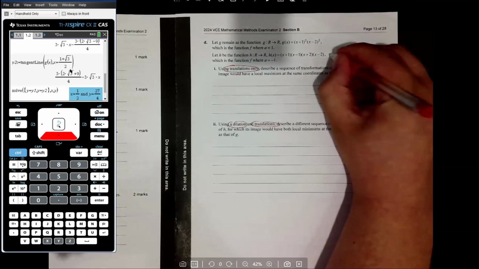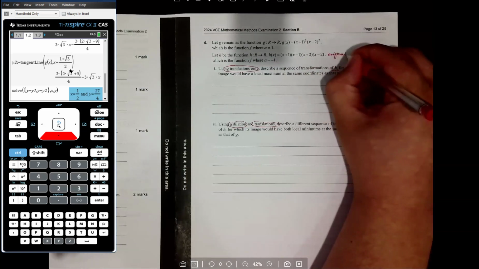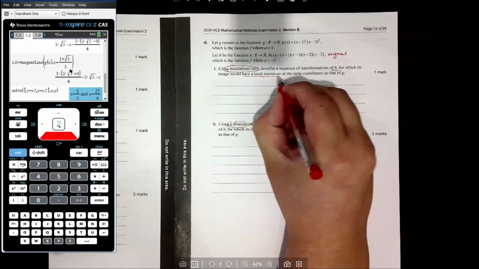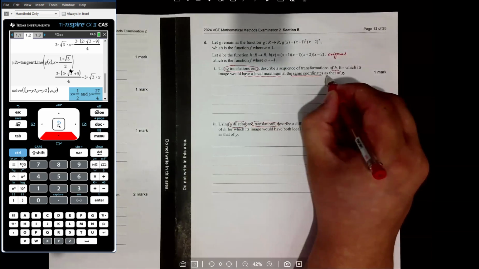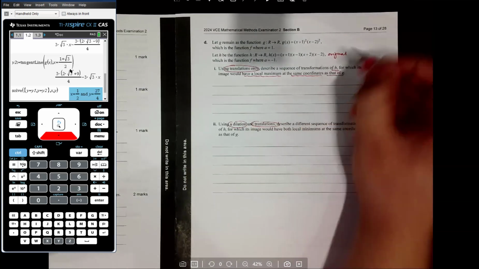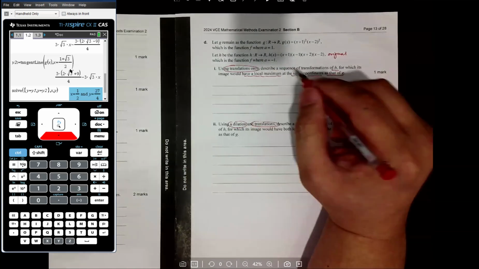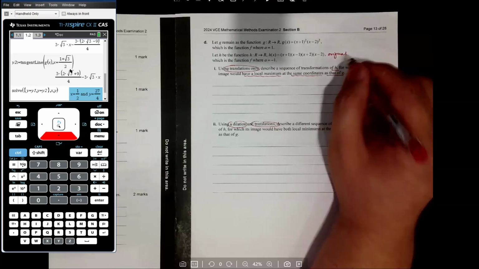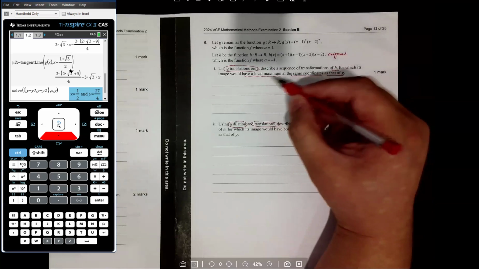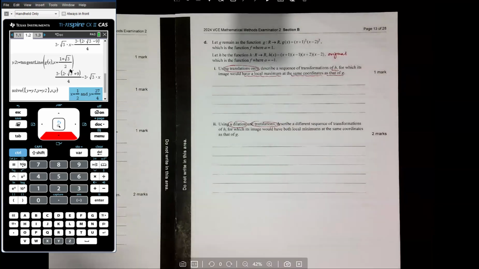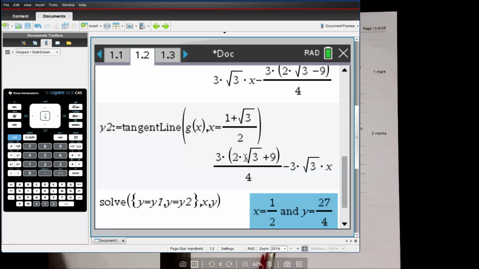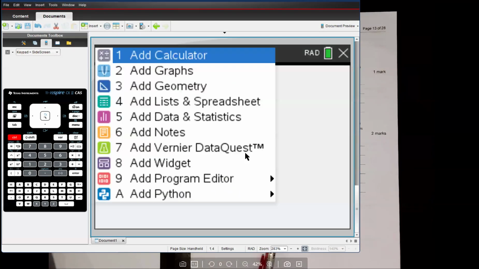So this is my original, okay? And it would have the local maximum at the same coordinate as that of G. So once I do the translations properly, I can make the translated function match the local maximum, but just one point matched, okay? So if you look at the diagrams, what I'm going to do is I'll also assign another graph.